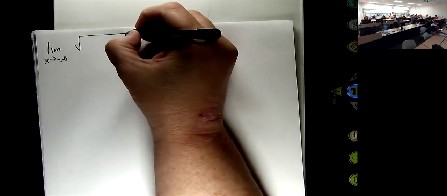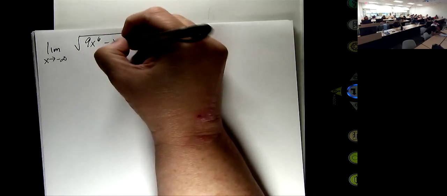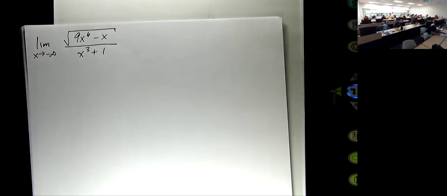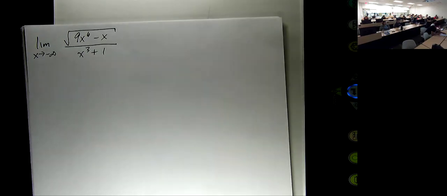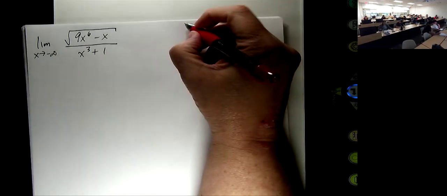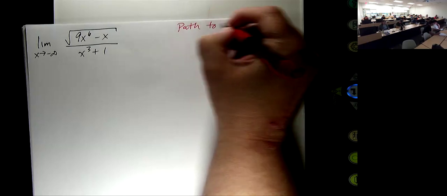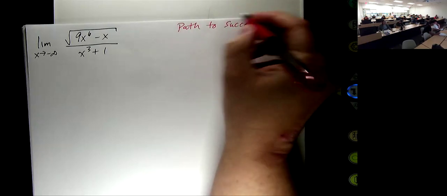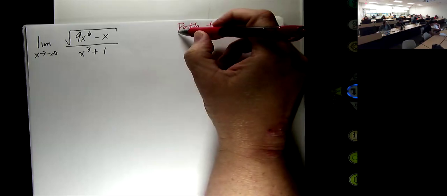When we have radicals like the following, and I'm gonna do negative infinity on this one. So the path to success, let's call it, with radicals, and you're wanting to divide out by something to kind of clear it up.